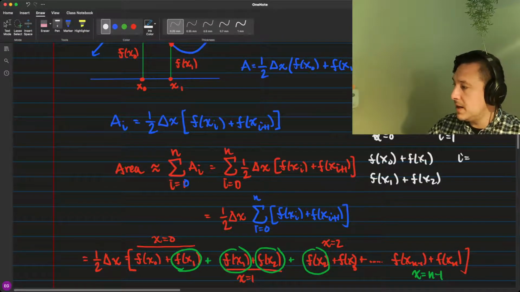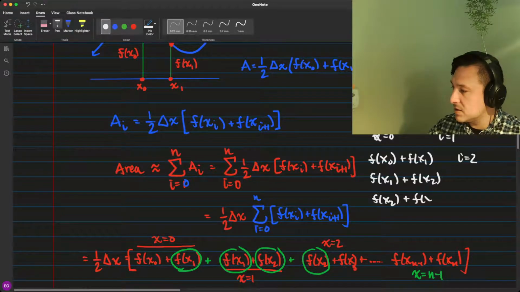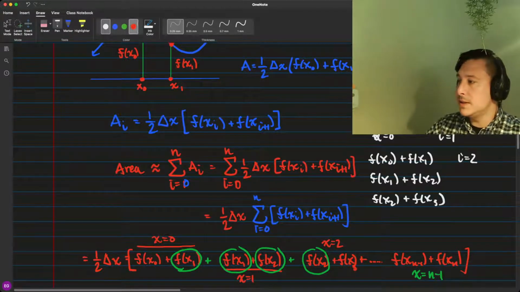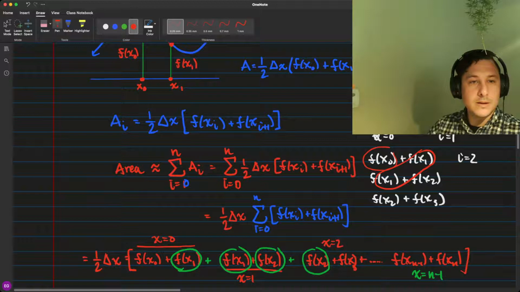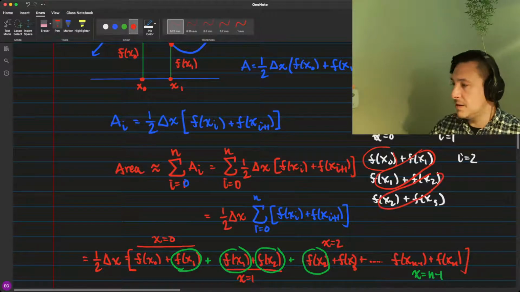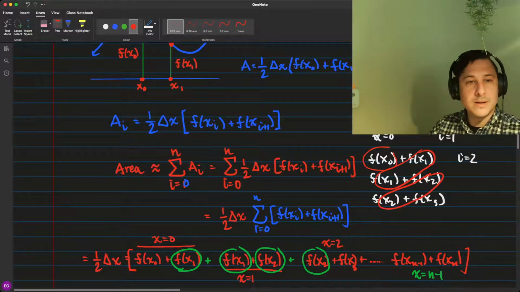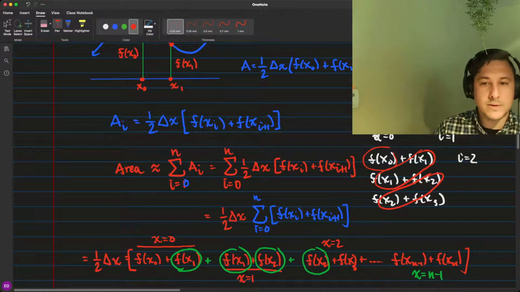And then if you plug in i equals 2, you're going to get f of x2 plus f of x3. So notice there was only one x0, but how many x1s were there? And how many x2s were there? So that's why after the first one you get doubles. Does that make more sense? And you get it from when you plug it into the formula.